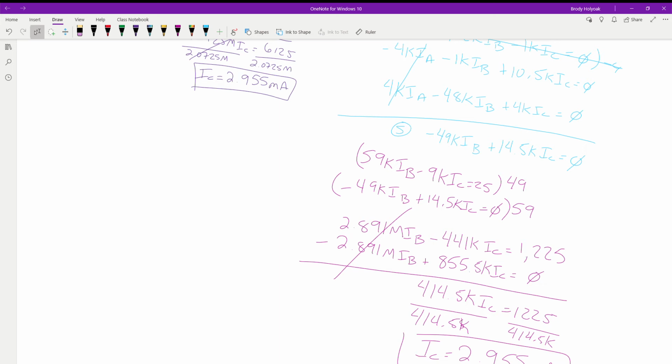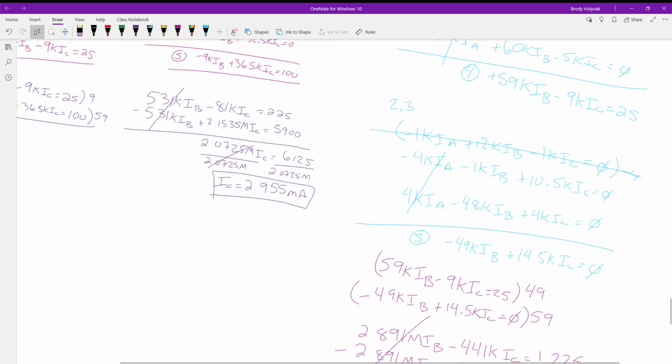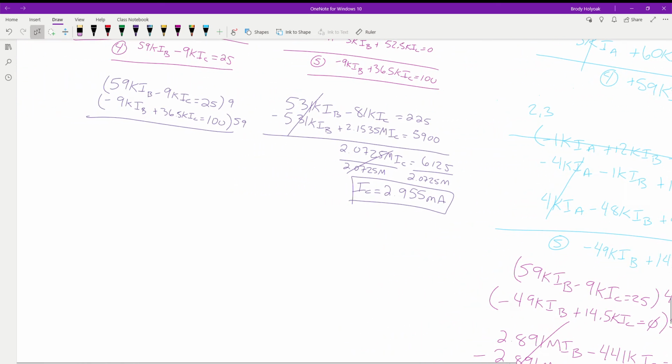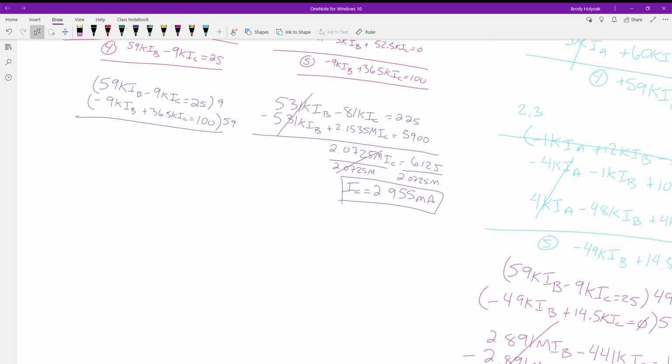So after we get to this point, now we're going to go back one step. We're going to take our IC and plug it into one of the equations that we used at this step, either 4 or 5, because that's all we have, and we're going to solve for IB. So we take 59K IB minus 9K times IC, which is 2.955 milliamps, equal to 25.